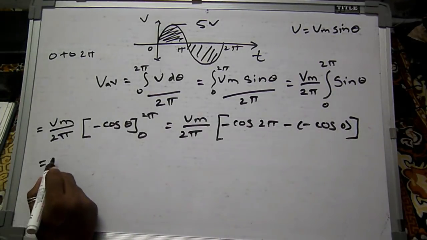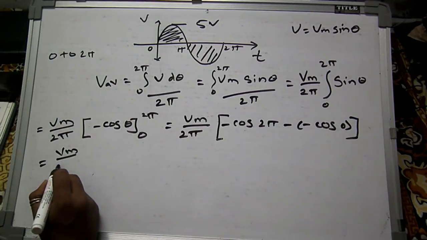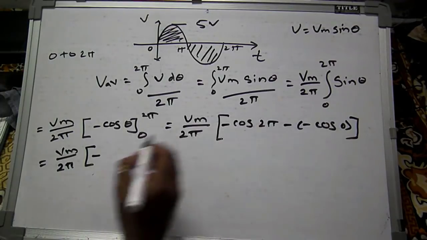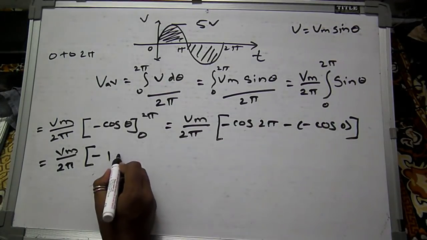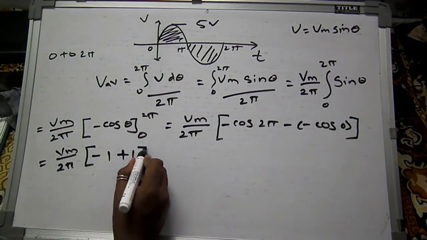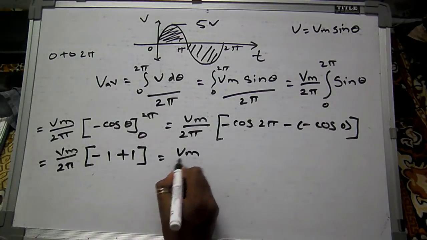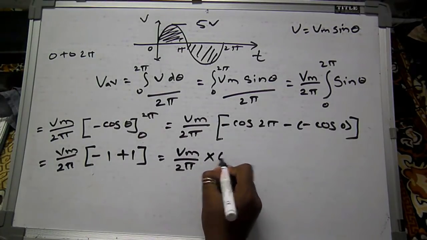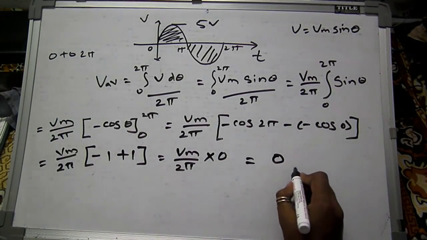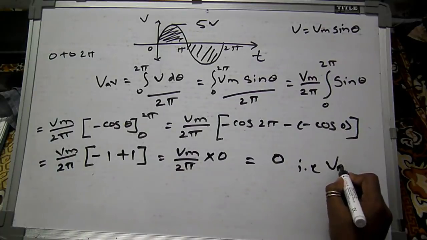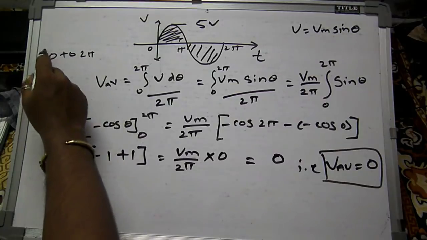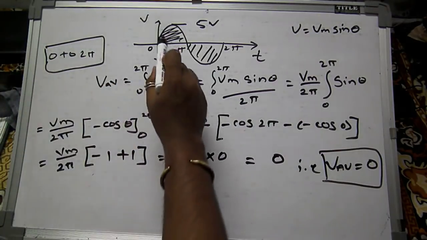Cos 2 pi is 1, so minus 1, and this minus minus becomes plus, and cos 0 is 1, so we get Vm by 2 pi into 0. So the whole term will be 0, that is V average will be 0 for the interval of 0 to 2 pi when we consider this full wave.